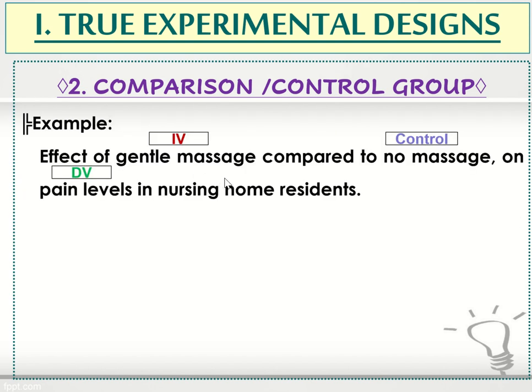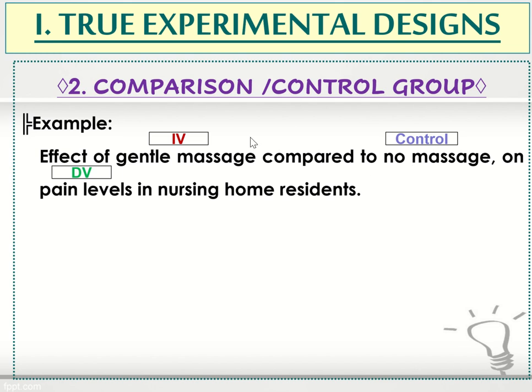Example, in this previous one, nabanggit natin kanina na to, the nursing home residents in the control group receives no massage. Yung control group natin, they will receive no massage. So the control group again will be used to evaluate the performance of the experimental group.